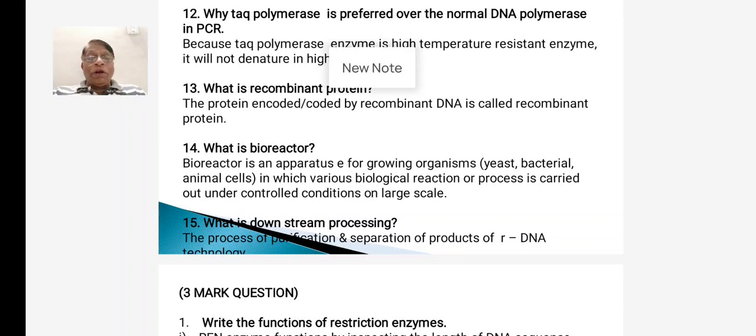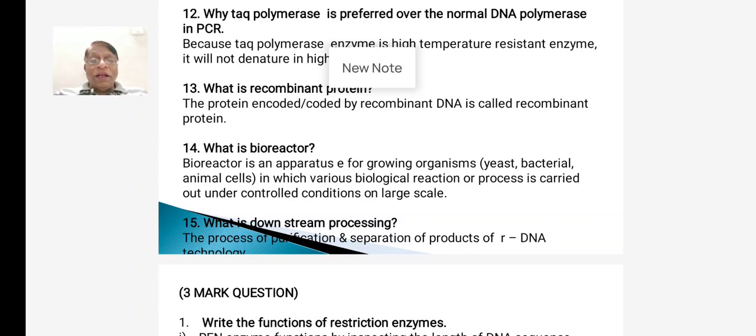Next, one more important question is there. What is downstream processing? DSP. The process of purification and separation of products produced from rDNA in rDNA technology is called downstream processing.